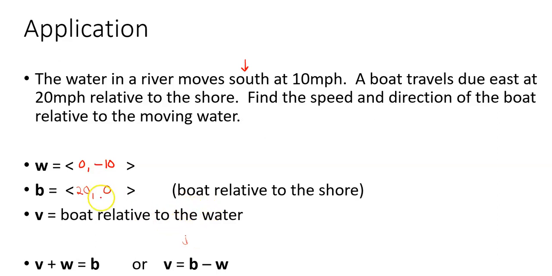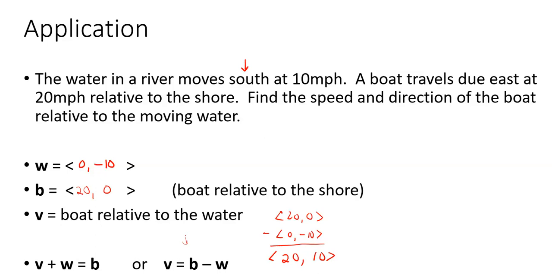So the boat is 20, 0. And from that, I want to subtract 0, negative 10. Right? When I do that, I get 20. But now watch the second component. 0 minus a negative 10 is 10. So that's the velocity vector that describes where that boat is moving.